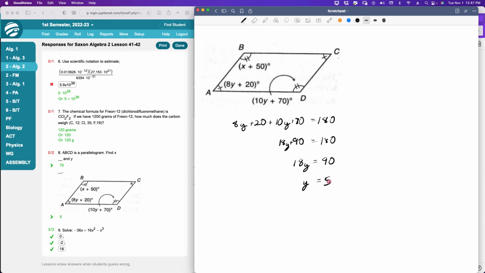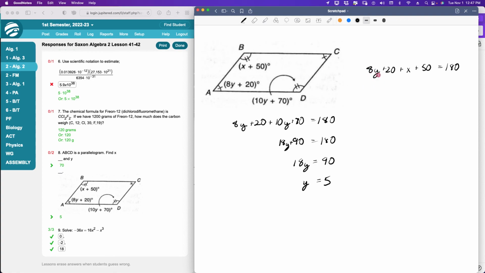Now that I know what y is, I can solve here because I know that 8y plus 20 plus x plus 50 is equal to 180 because these are 2 consecutive angles within a parallelogram also. But now I know what y is. Y is 5.